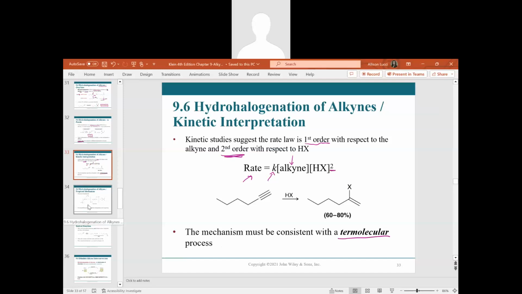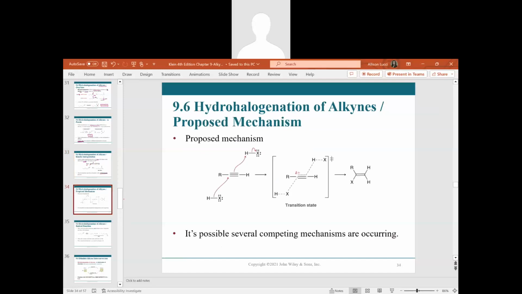So this is actually, based on the kinetic data, another proposed mechanism that is a little more plausible. We actually have here 2 molecules of our HX, where X is whatever halogen it may be, bromine, chlorine, or iodine.